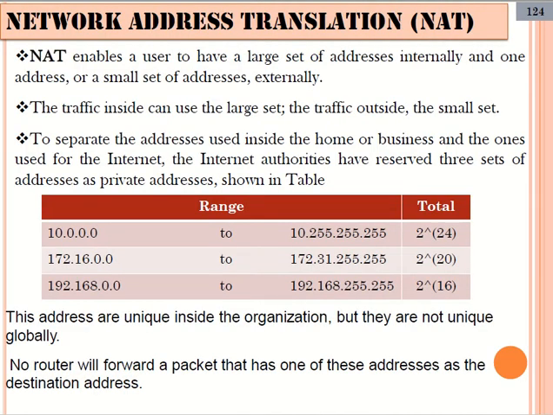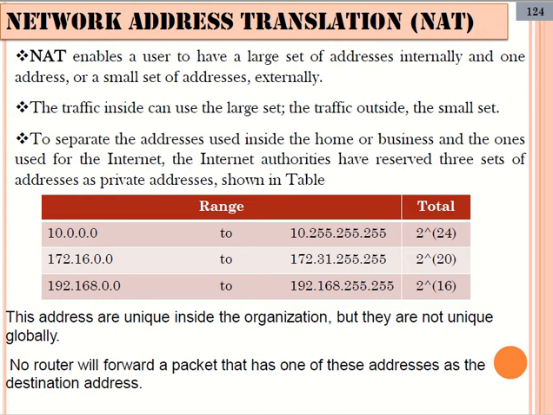We have seen in the case of classless addressing, whenever any organization requires a block of addresses, usually ICANN will distribute the addresses to the ISP, and in turn the ISP is going to distribute them to the required organization or customer.